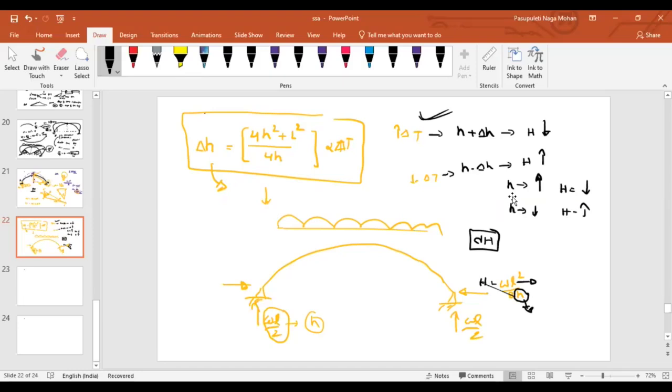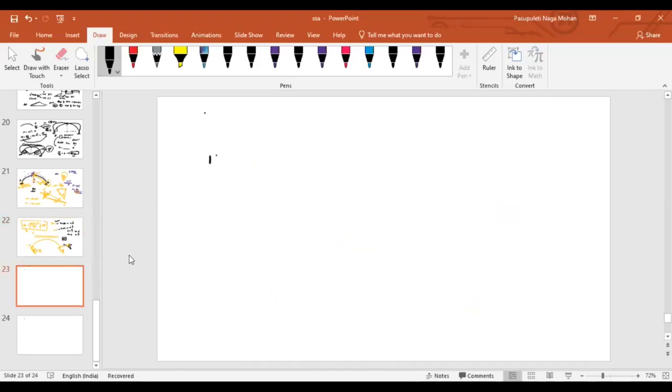Whenever you want to find out the changes, you have to go for differentiation. Now in the present case, I know my horizontal thrust is WL square by 8H. If you want to find out the change with respect to H, what should I do? Obviously, I have to differentiate that function with respect to H.